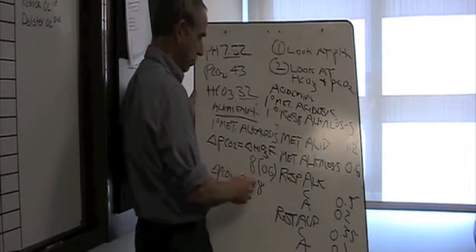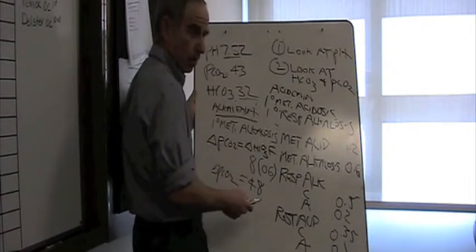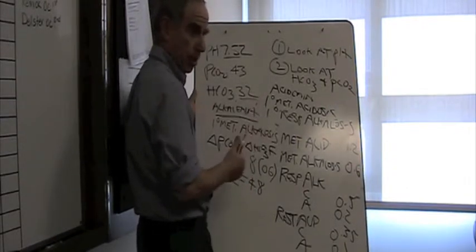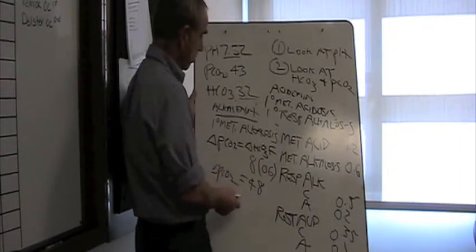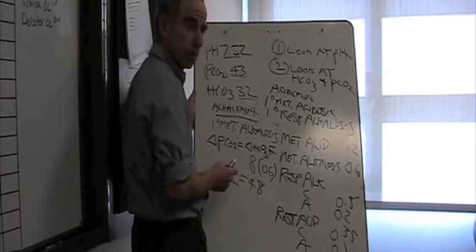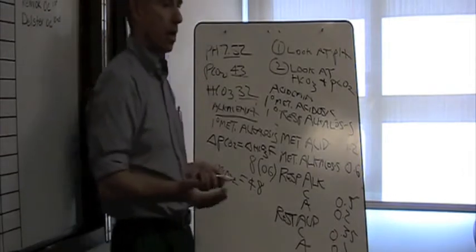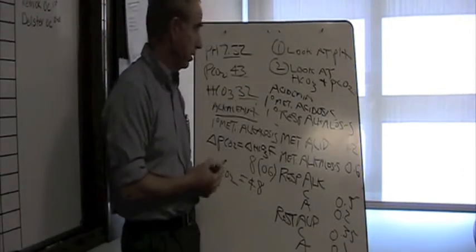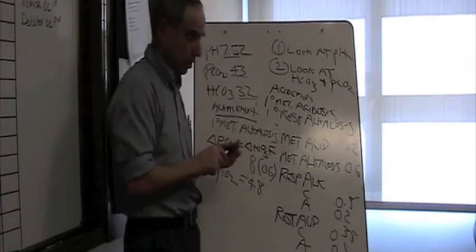So you would expect the PCO2 to go up by 4.8 to compensate, so about 4 to 5. And it's 43, so it's pretty close. So this patient has an appropriately compensated primary metabolic alkalosis with respiratory compensation.